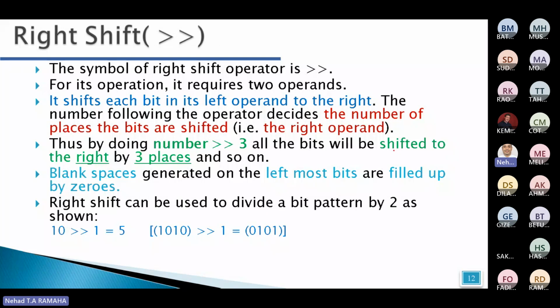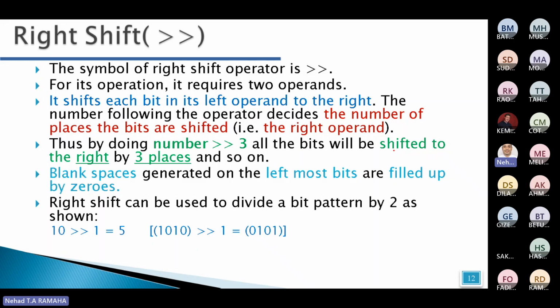Okay. Shift. I already mentioned the shift. I don't want to repeat it again. So what's the usage of the shift operator?